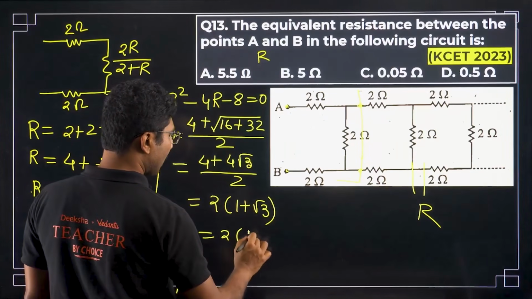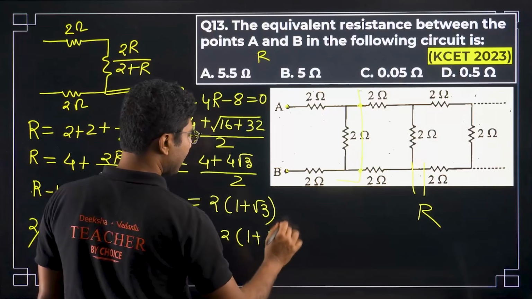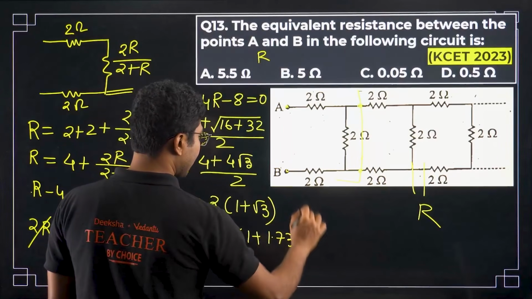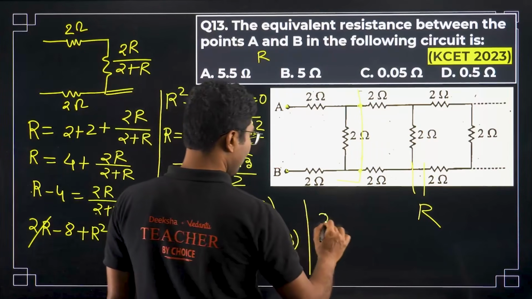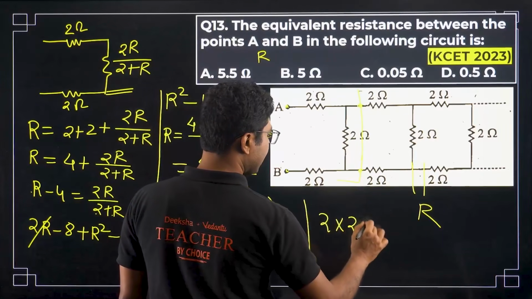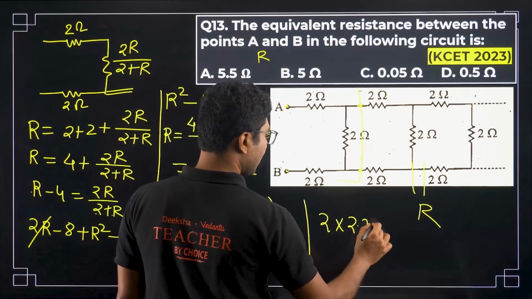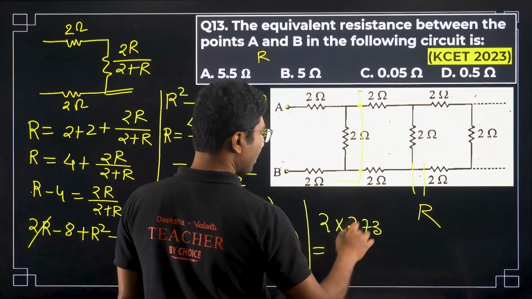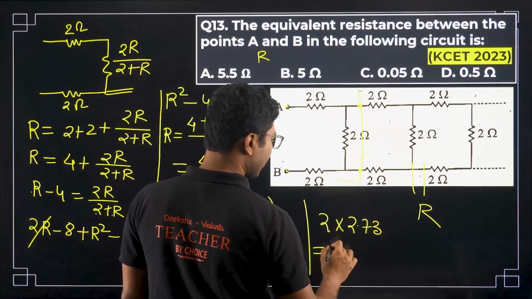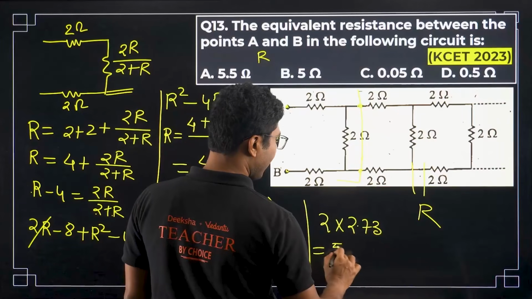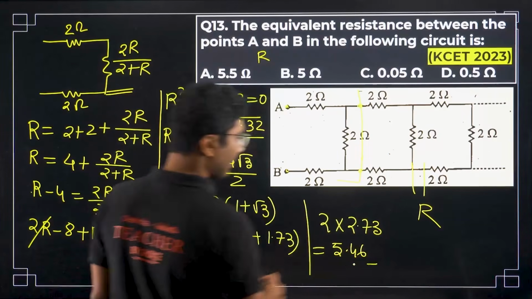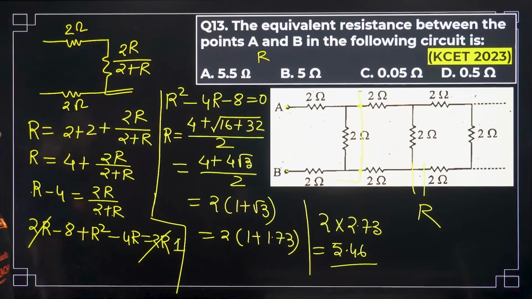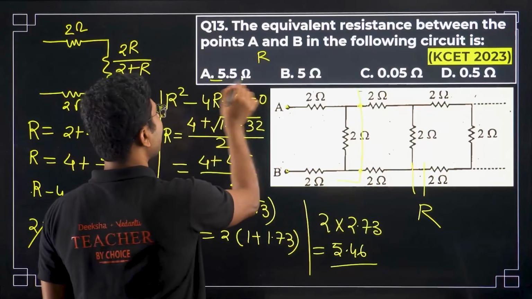So 2 into 1 plus 1.73, so that will be 2 into 2.73, so you will get 5.46.